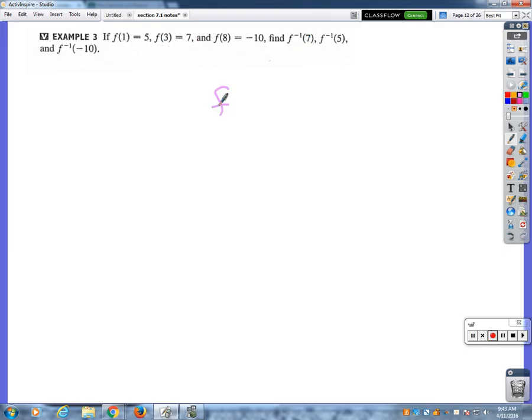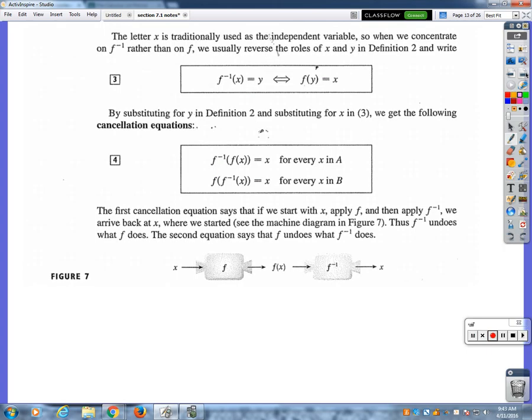So f inverse of 7 is equal to 3. And f inverse of 5 is equal to 1. And f inverse of negative 10 is equal to 8. So you're just going backwards there. Just a little notation.